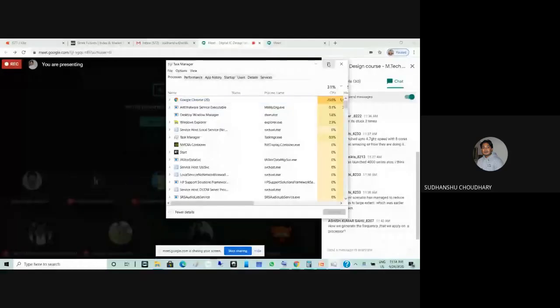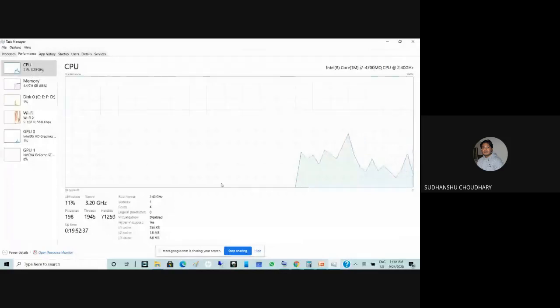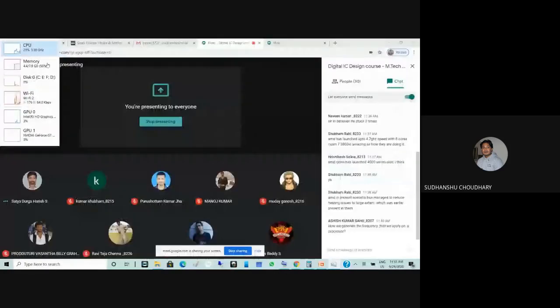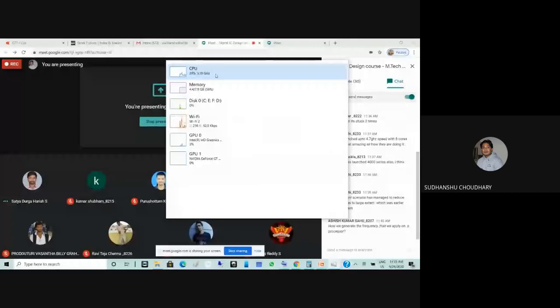Yeah. So now, if you go to the task manager, and in the performance tab, you will see CPUs. Yes, sir. Here, right? So I have an i7 CPU. Let me check where it is.